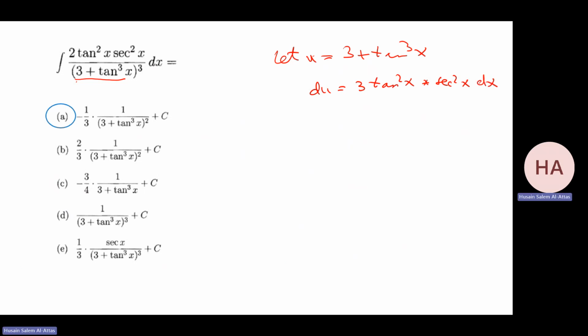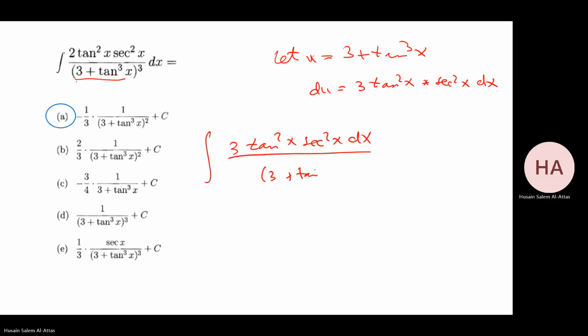So I rewrite this as 3 tan square x secant square x dx over this, but instead of 3, I'll write 2/3 outside.